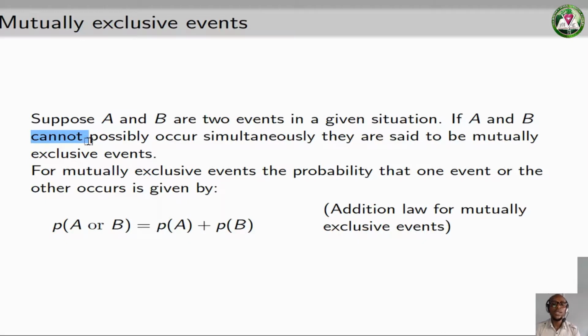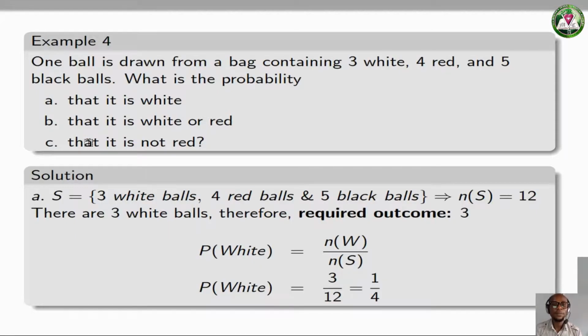So for mutually exclusive events, the probability that one event or the other occurs is given by probability of A or B equals probability of A plus probability of B, which is also known as the addition law for mutually exclusive events. Now, moving on to example 4, we'll see how to apply this law.